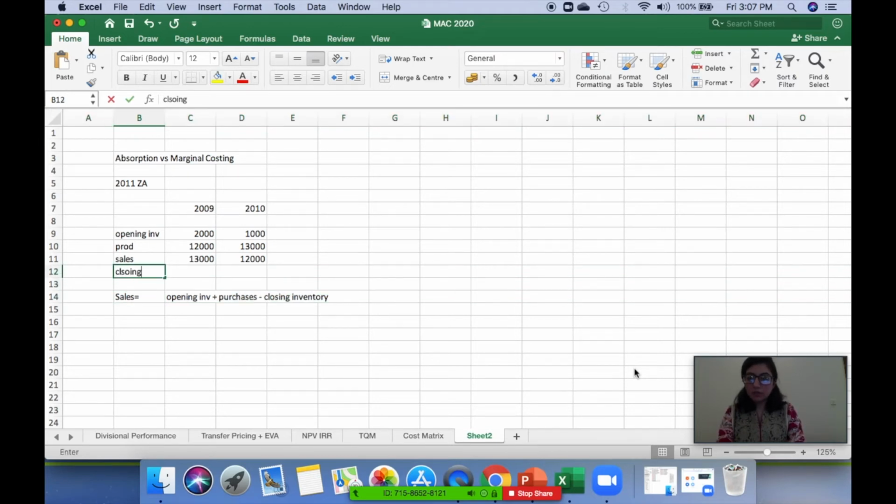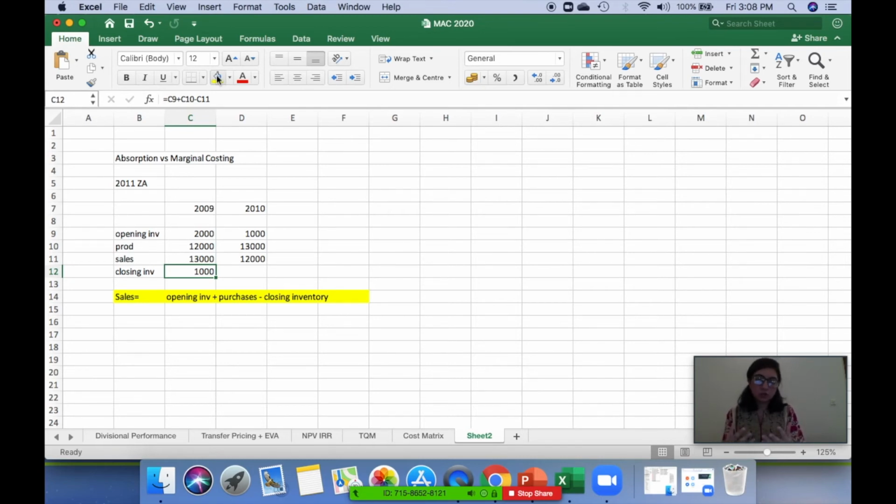Alright, so if I want to calculate my closing inventory, I'm going to apply this formula here, which I'm going to highlight. Highlighting tool is right above. So your closing inventory equals your opening inventory plus your production minus what you sold is what you're left with. So what you had in stock and what you made during the year and what you sold from the stock leaves you with the remaining items in the warehouse, which is known as closing stock or inventory.